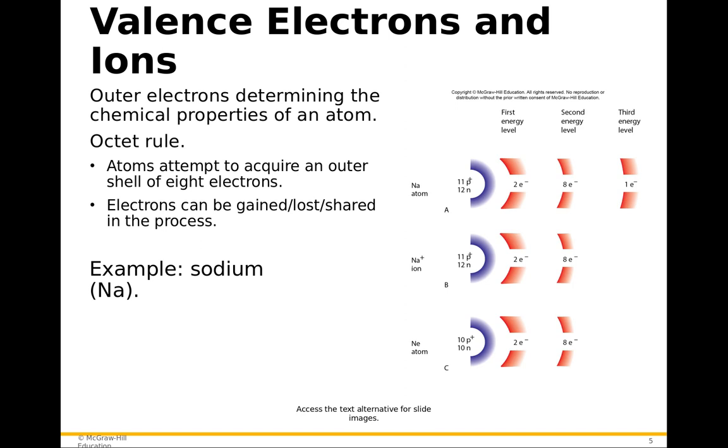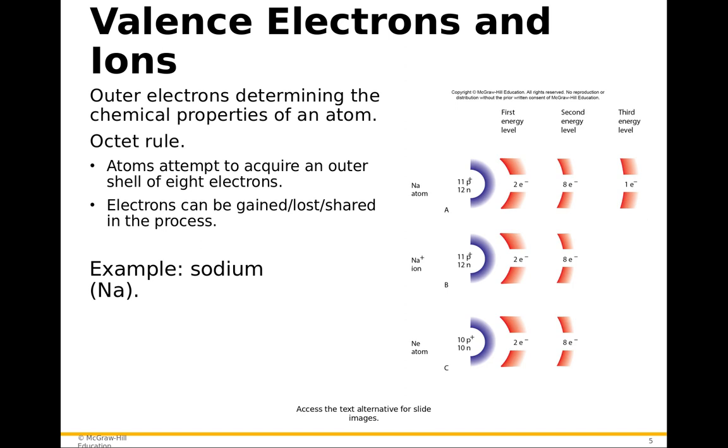It's the outside of that bubble that's going to interact with the outside world. So our valence electrons are that outside portion of the atom.